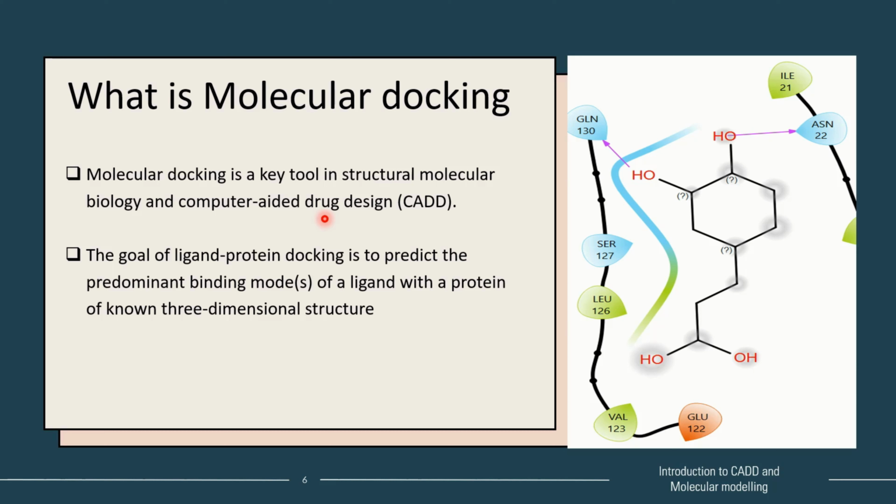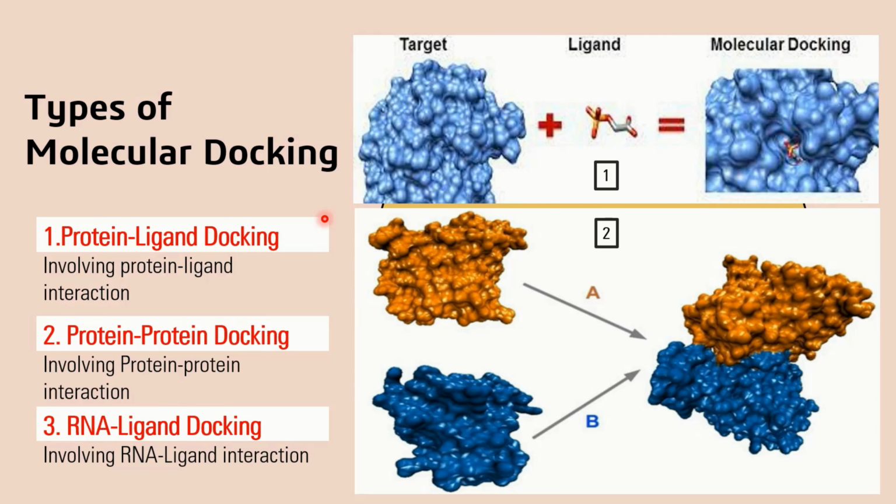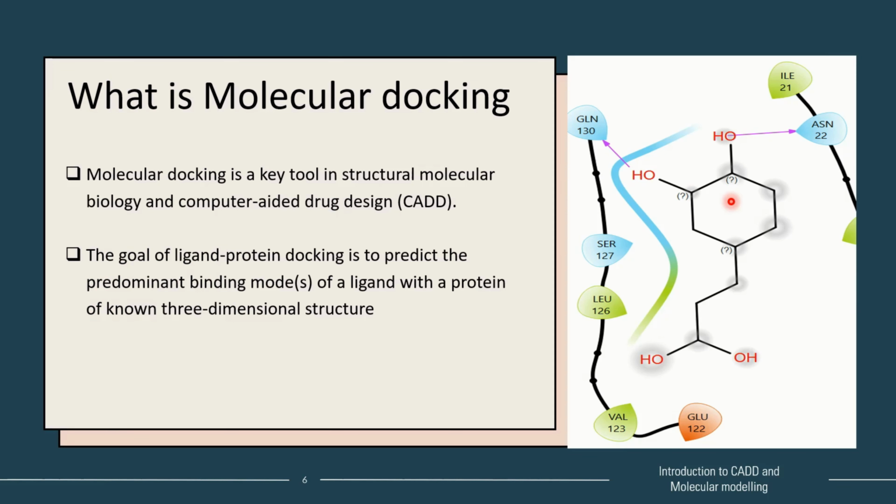These actually involve few or a whole lot of processes, however, we will come to know about that later. Before we move to the next, if you look at the right side, you will see a lead compound trying to interact. This is the pocket of a particular ligand, and these are the amino acids.